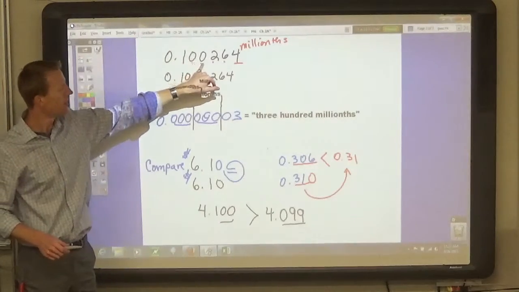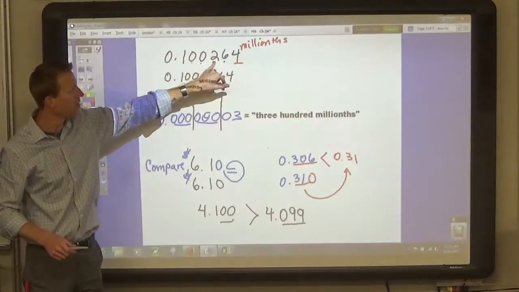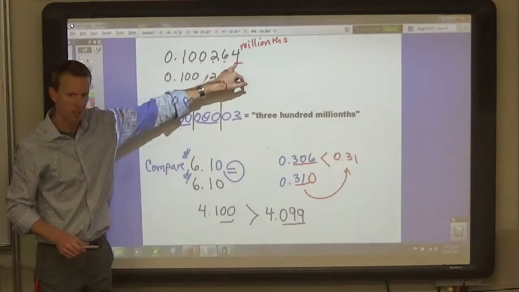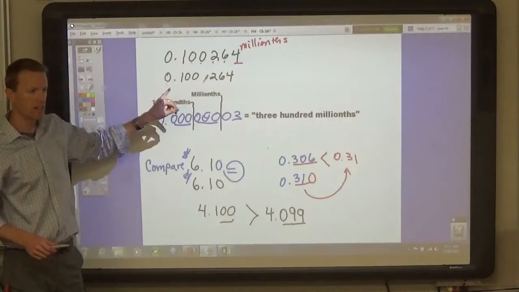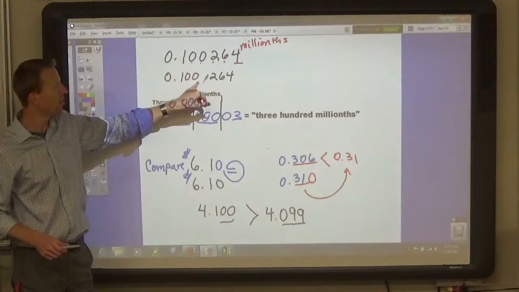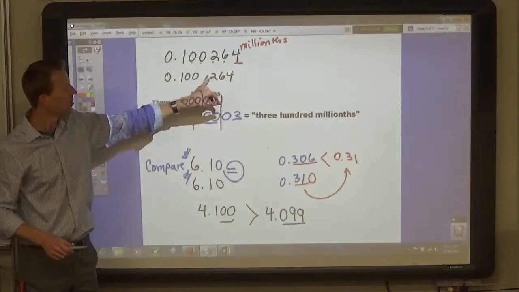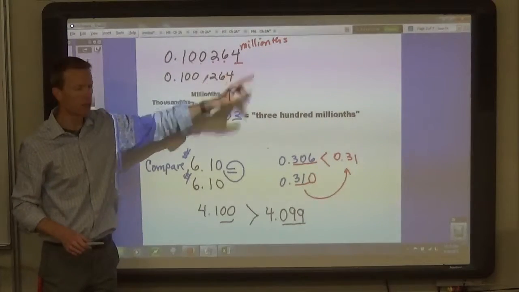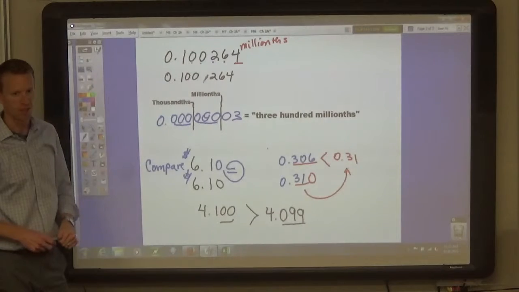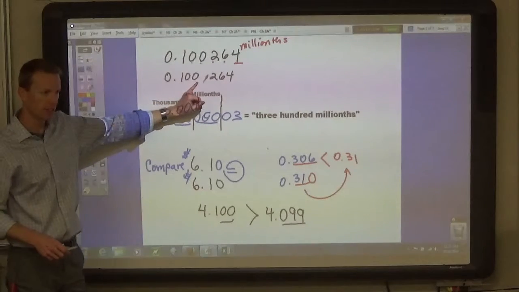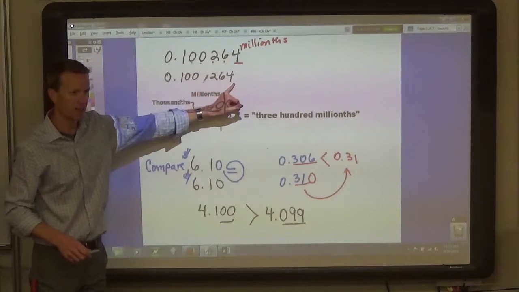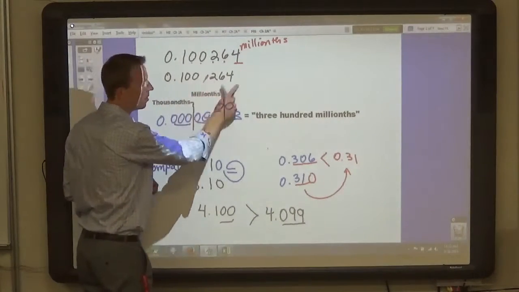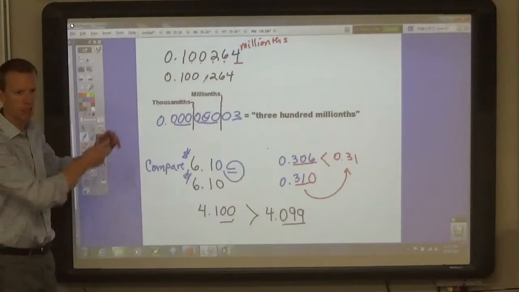Tenths, hundredths, thousandths, 10 thousandths, 100 thousandths, millionths. So this number is 100,264 millionths.